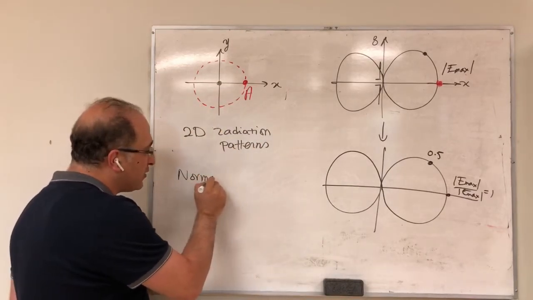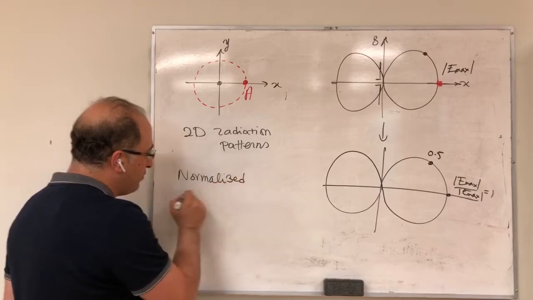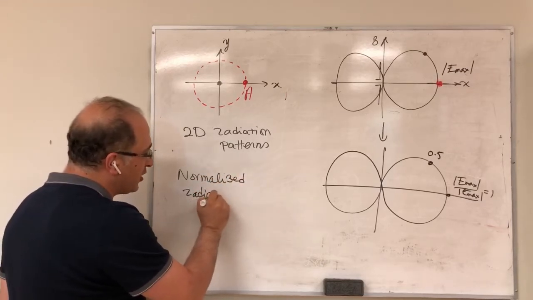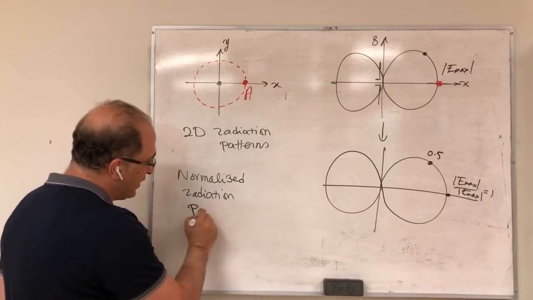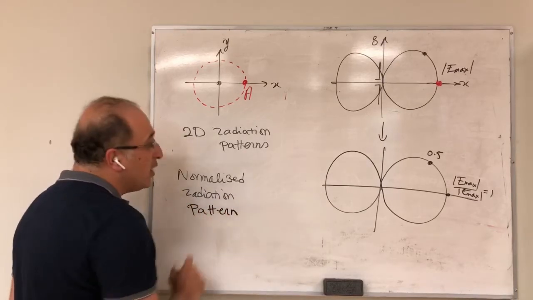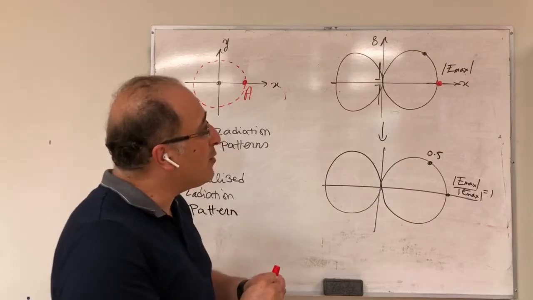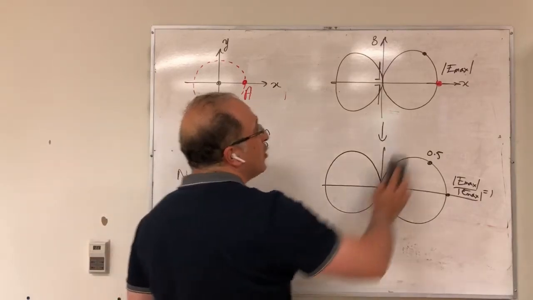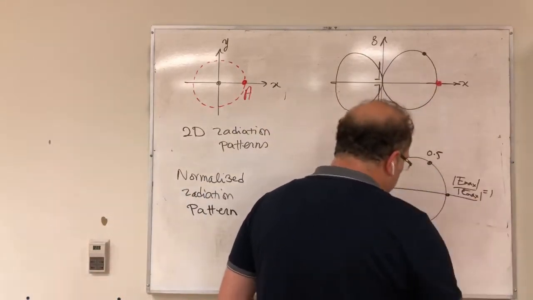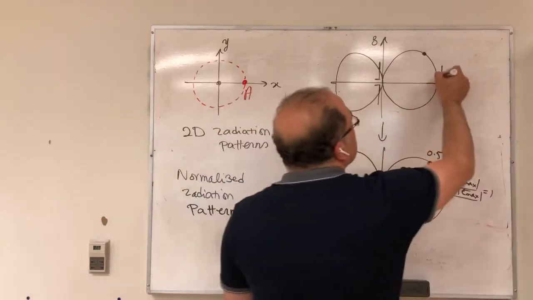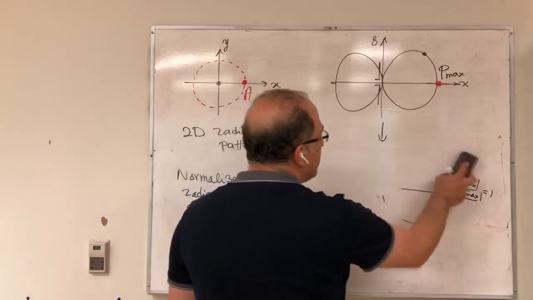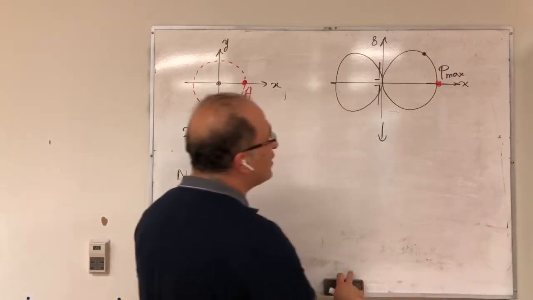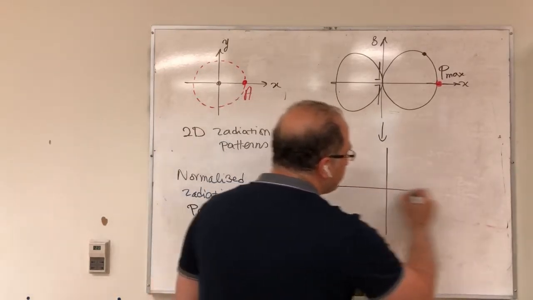You normalize it to the maximum. In this case, I talked about the field pattern, so it's a normalized radiation pattern. If you are measuring power, so if this is a power pattern, this is Pmax. You measure the maximum power received, and you normalize that.